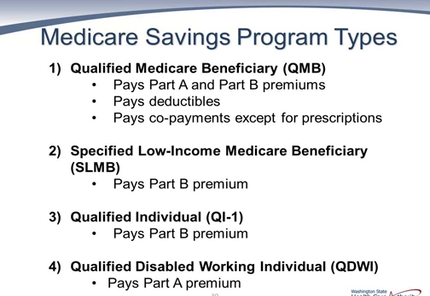If someone's income is up to $135,000, they're a qualified individual, and they can only receive help with their Part B premium if they're not active on Medicaid. If their income is lower and they're a special low-income Medicare beneficiary, they can be both on Medicaid and also get help through this Medicare Savings Program.